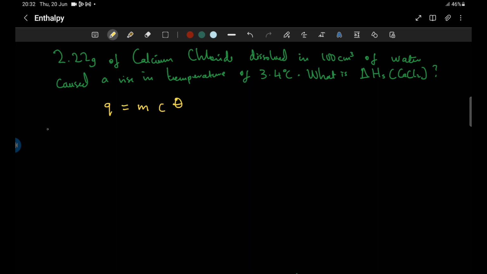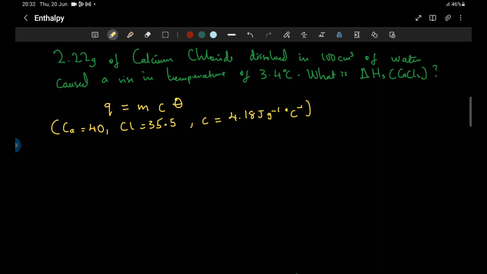So we know that calcium has an atomic mass of 40, chlorine has an atomic mass of 35.5, and the specific heat capacity of water is 4.18 joules per gram per Celsius. So whatever value the question gives you, just stick to it.